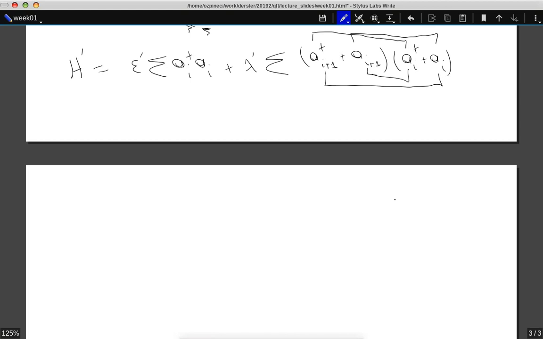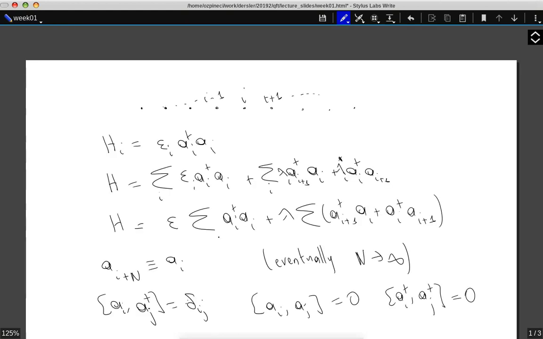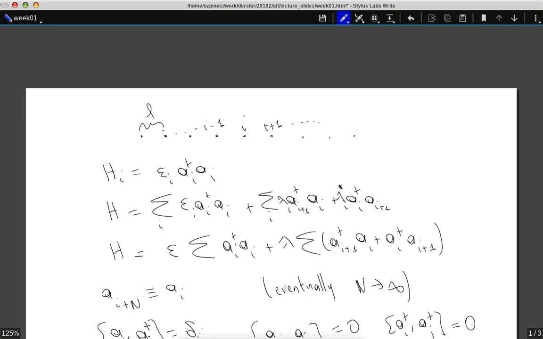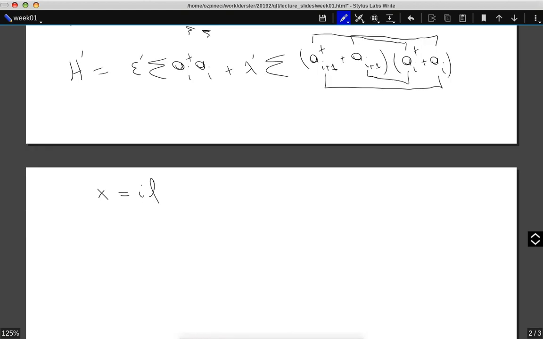So what we will do is, I will define the position of the points. So x is equal to, let's say, i times L. Now, what is this L? Well, I had these points, and I will be assuming that they are separated by a distance L. If x is i times L, then a_i will be phi of x.